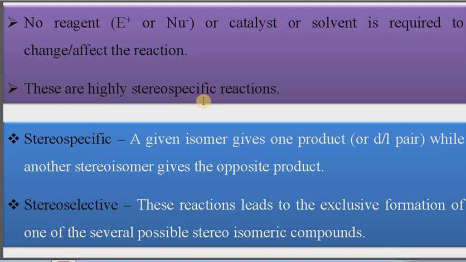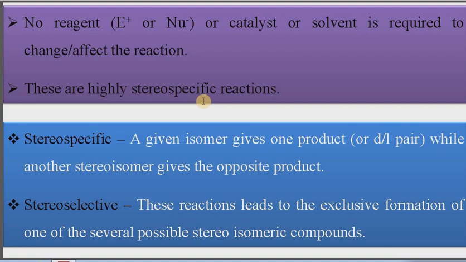If a reaction is not stereospecific, in that case we will get both isomers from a particular reactant. But in case of stereospecific, one given isomer gives one product, while another stereoisomer gives the opposite product. Another word is also there, stereoselective. What is stereoselective?